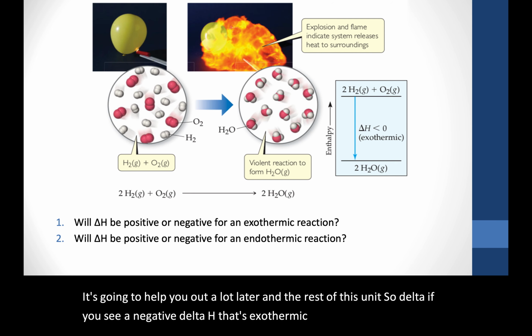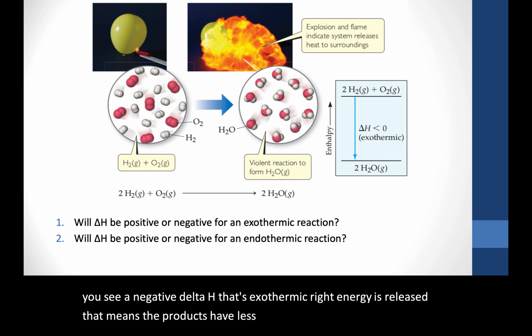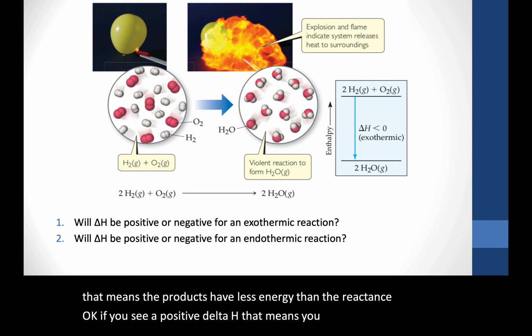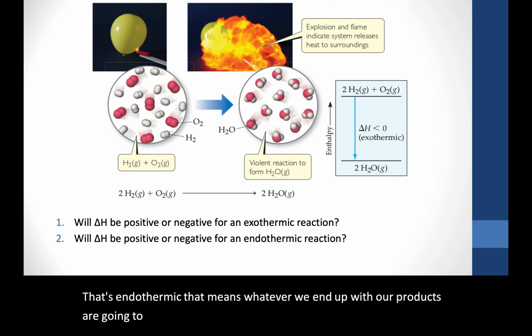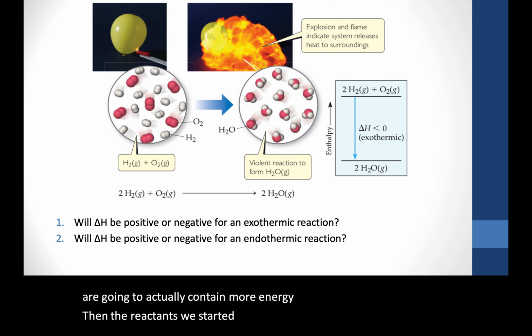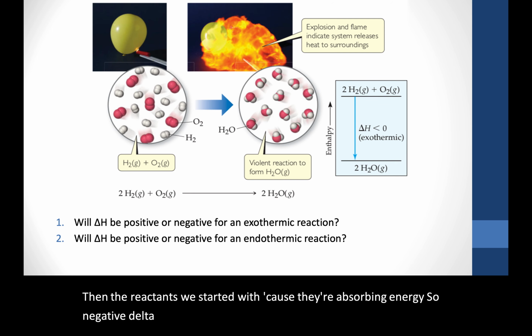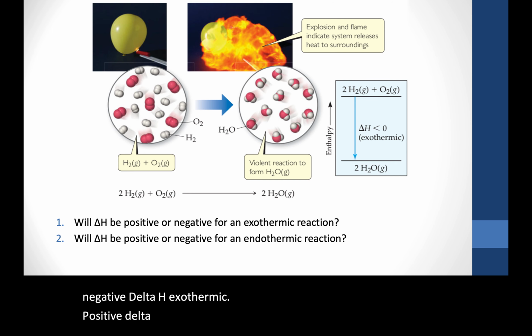That means the products have less energy than the reactants, okay? If you see a positive delta H, that means you got to put heat in, right? That's endothermic. That means whatever we end up with, our products are going to actually contain more energy than the reactants we started with, because they're absorbing energy. So negative delta H, exothermic. Positive delta H, endothermic. Okay?